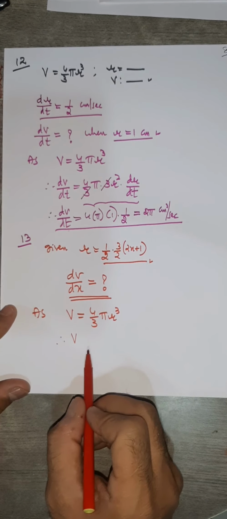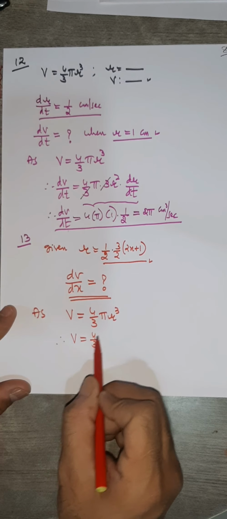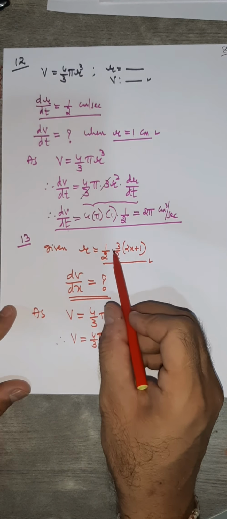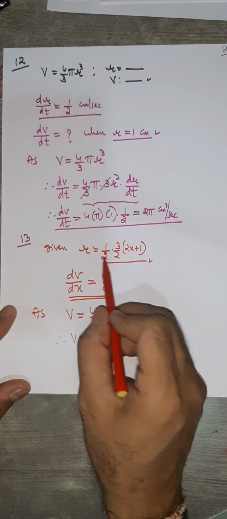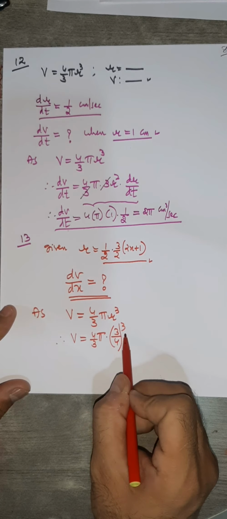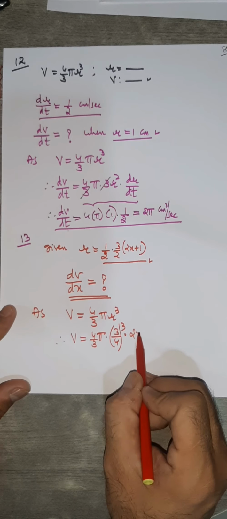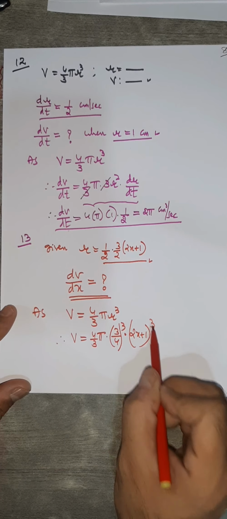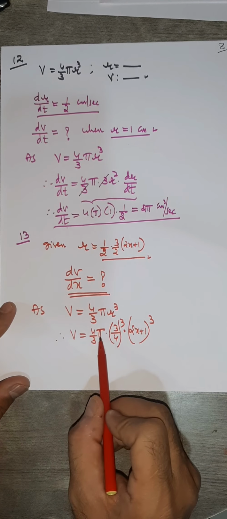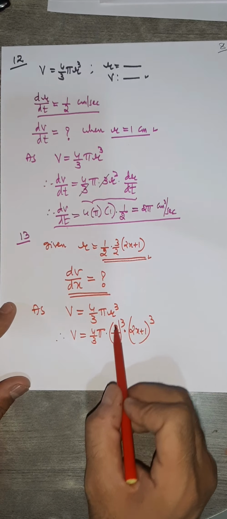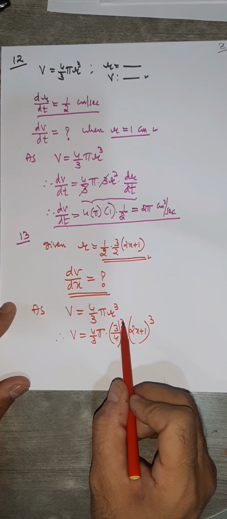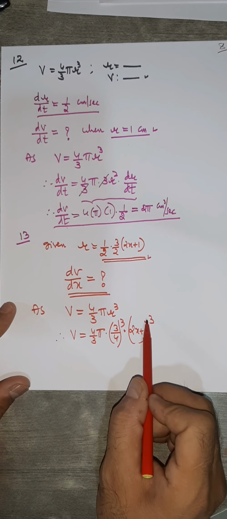So V equals here 4 by 3 pi r cube. So you have here 3 by 4 the whole cube into 2x plus 1 the whole cube. I repeat, 4 by 3 pi, 3 by 4. We are just placing these values. 3 by 4 the whole cube into 2x plus 1 the whole cube.